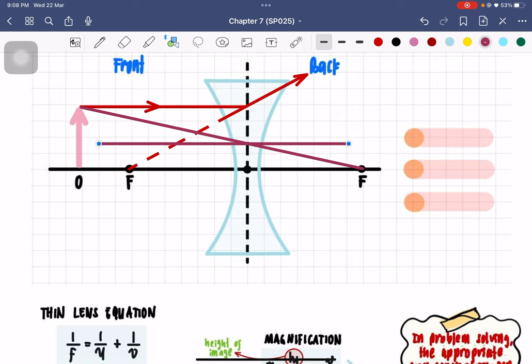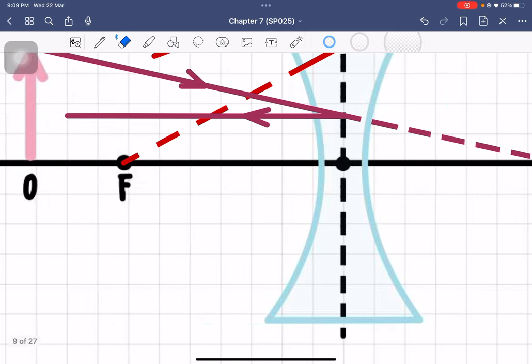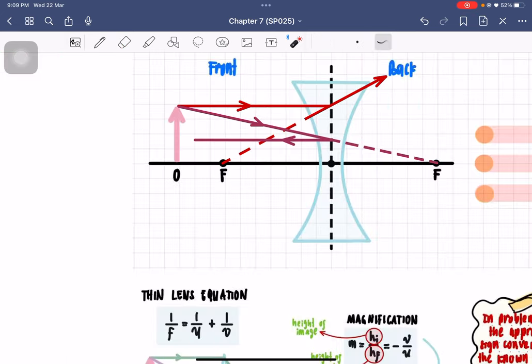Something like that should be fine. Okay, so arrow, jangan lupa lukis like this. Okay, so untuk this second ray, it's gonna be dash line will be from here, right? So these two rays have a different dash line lah, satu di front, satu di back side of the lens.